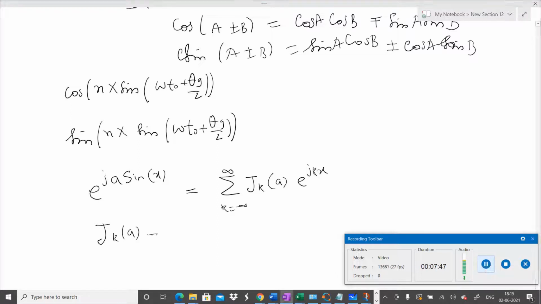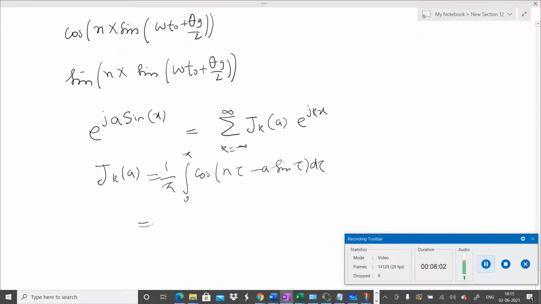It can be defined in two ways. One is 1 over pi, integral 0 to pi, cos of n tau, where tau is a dummy variable, minus a sine tau, d tau. Or it can be equivalently expressed in terms of the exponential function, as 1 over 2 pi, integral minus pi to pi, e to the power j, then a sine tau minus n tau, d tau.